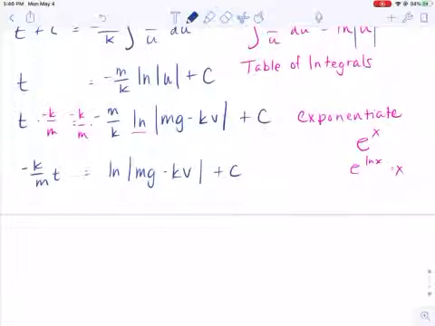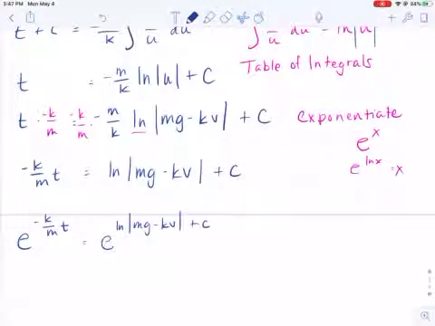All right, now let's exponentiate. e to the negative k over m t equals e to the natural log of mg minus kv plus c. Okay, remember that if you have this, it equals that.